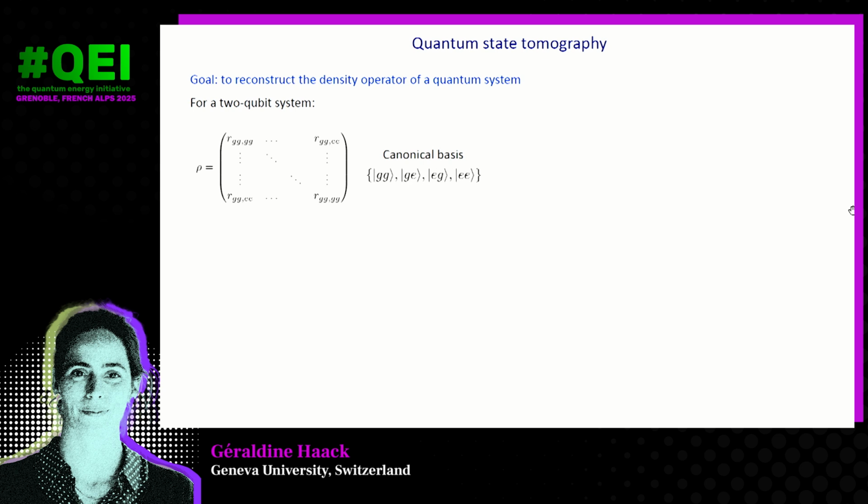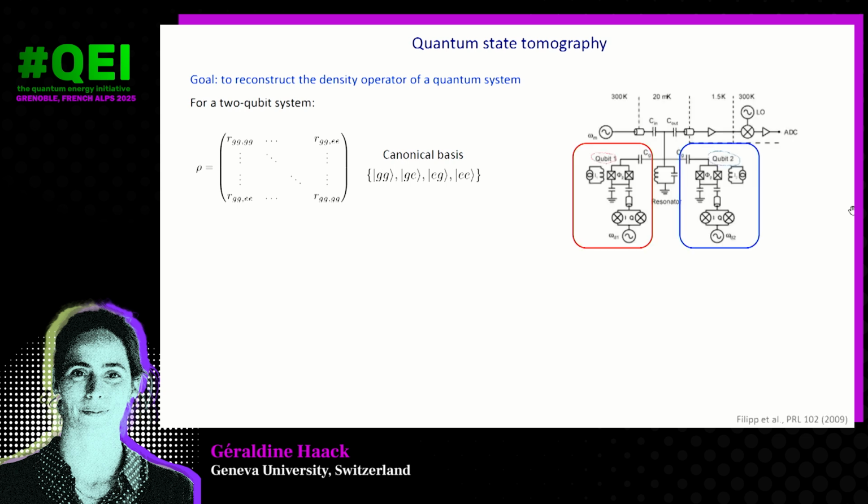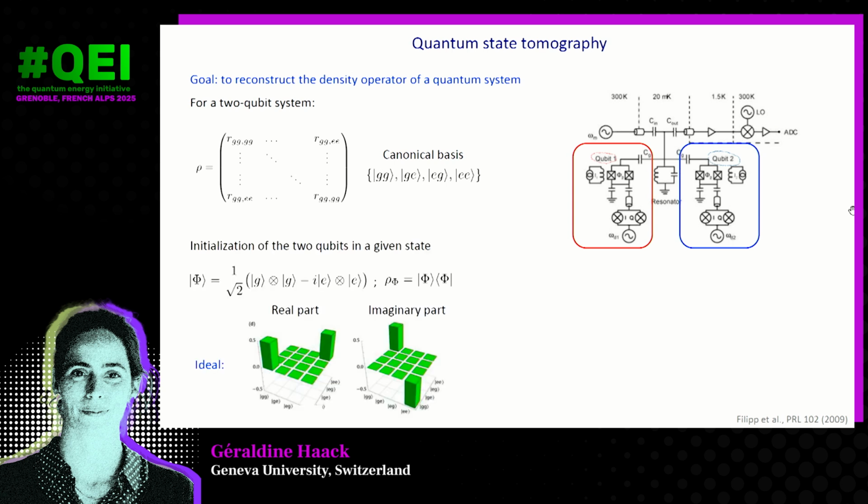Here, I denote the 2 states by G and E. And this is my density operator, where here I have the populations, and here I have the off-diagonal elements, which are the coherences. Now I already see a mistake, so it should be E, E, E, E, and of course, you know how to deal with the indices. This density operator should describe the state, for instance, of these 2 qubits in the experimental setup that I already showed you.